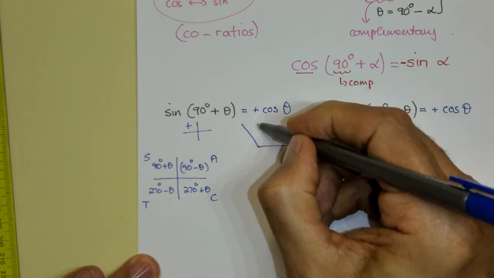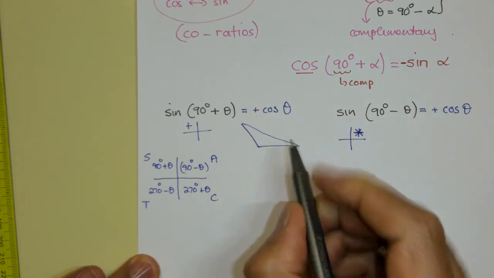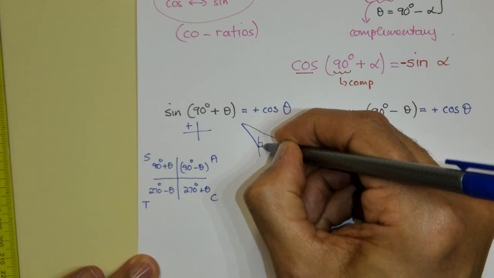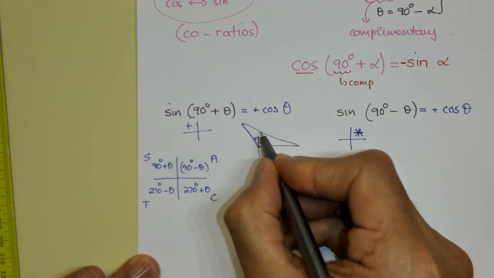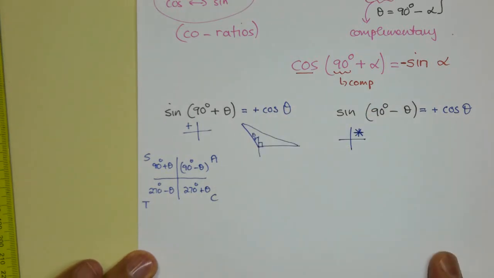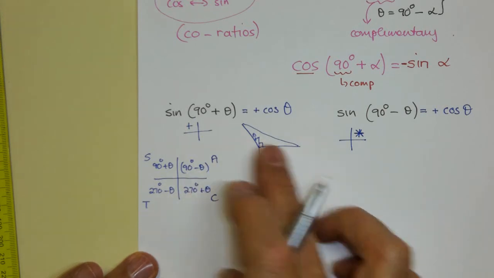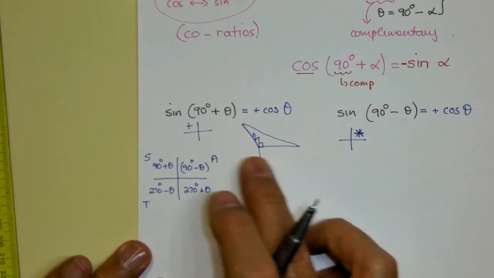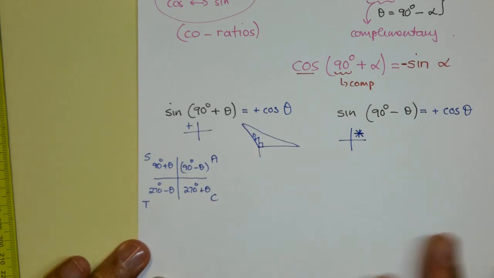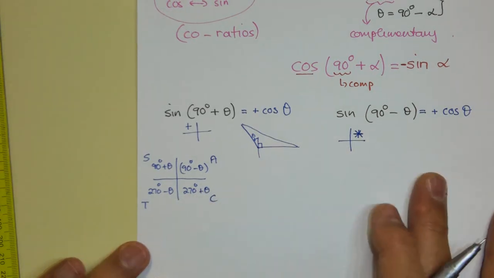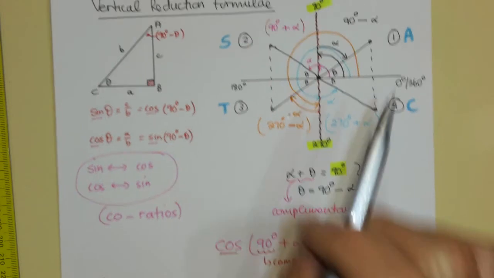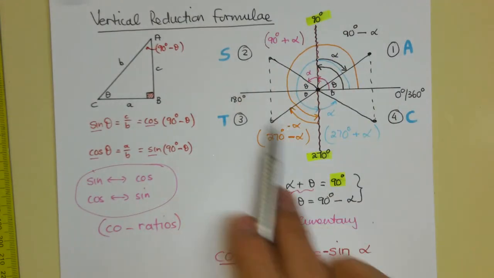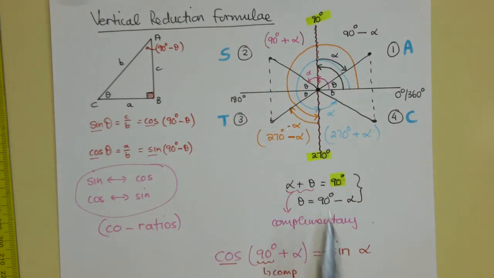We have a 90 degrees there, and then we have theta degrees onwards. But it's impossible here to talk about my complementary angles because it's not a right angled triangle. So it's better to look at it as where it lies on the Cartesian plane.